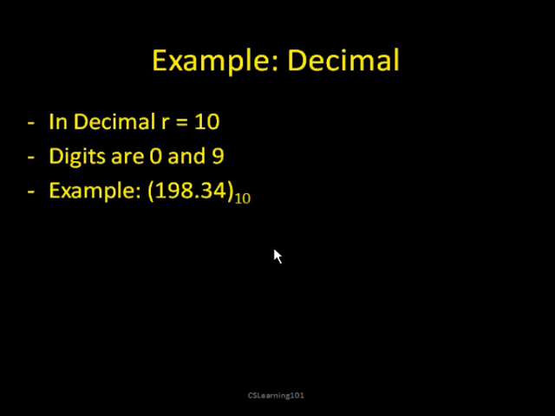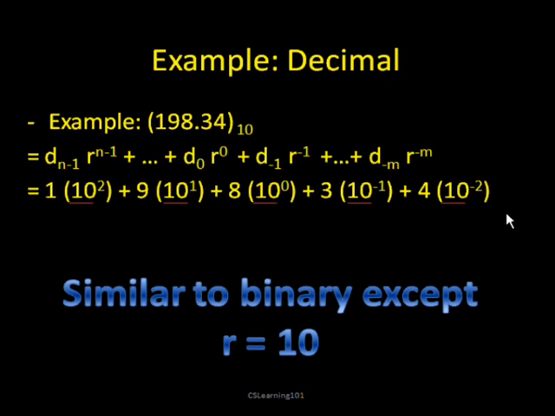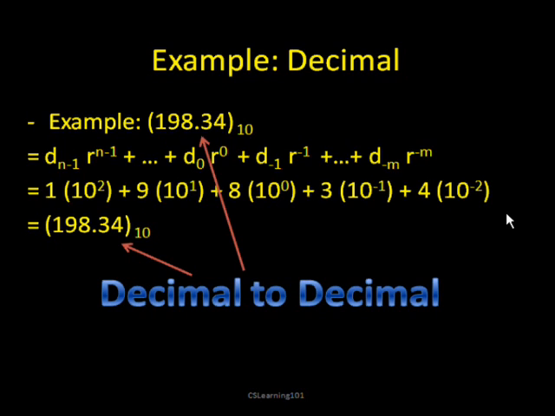If we use our formula the same way, it would be done exactly the same as before, except that the base we use is 10. And if we calculate all that out, you'll notice that we get the exact same number. That's because we are converting to decimal, so a decimal to a decimal is going to be the same answer. This was kind of pointless, but it's just to prove to you that this formula does work for all bases.